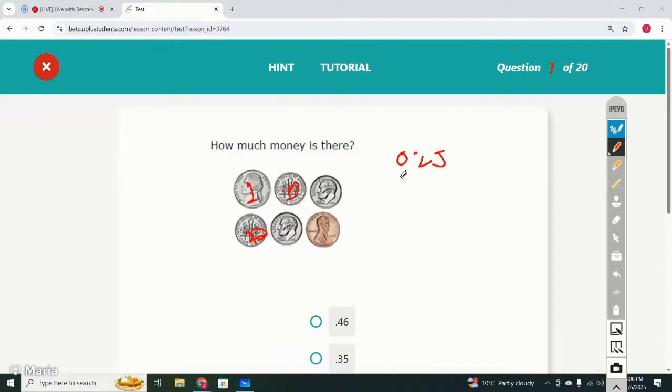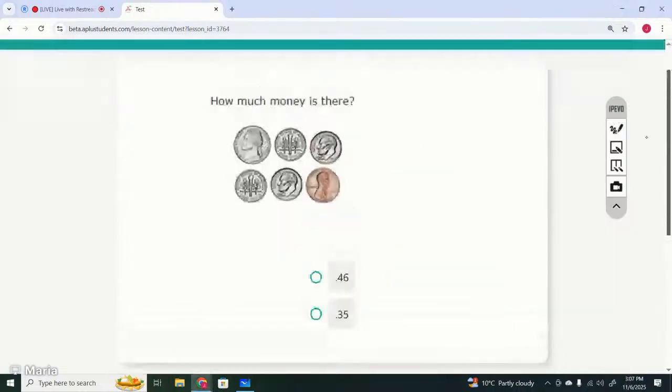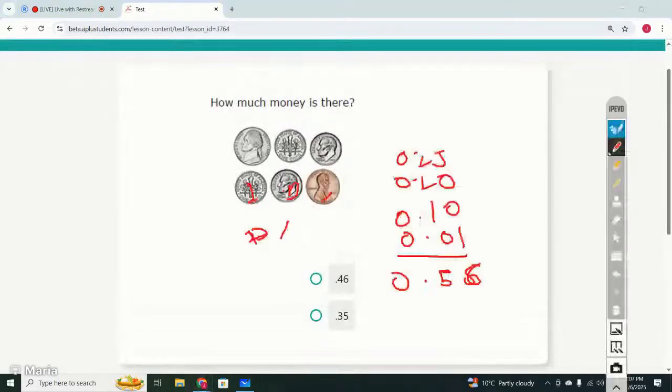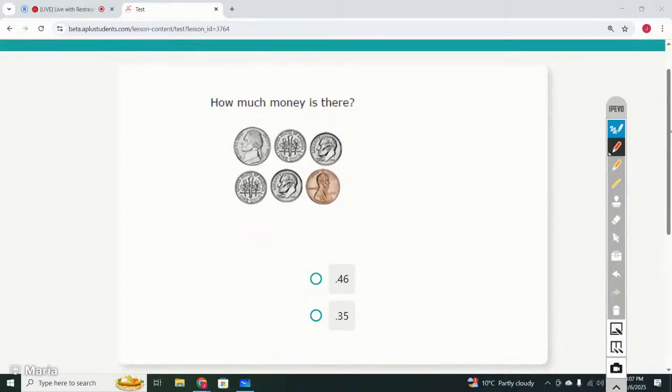So that is 0.25 plus 0.20 because we have 2, right? And then we have two of the, I forgot the name of the coins actually. Like we have 2, so we add 0.10. So that is $0.56. The correct option is, oh, 0.46 it is. Wait.